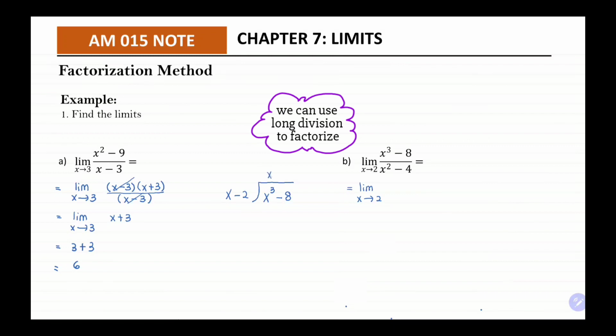So we multiply by x squared, then we get x cubed minus 2x squared. Then we subtract; there is no x squared term, so 0, and we get 2x squared minus 8. Then we add 2x, and we get 2x squared minus 4x.